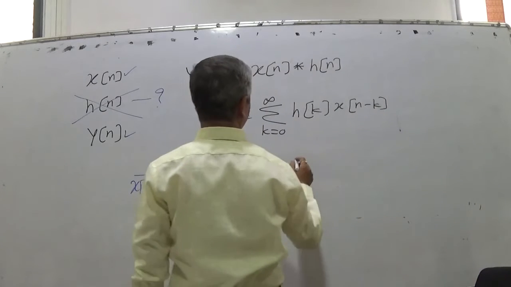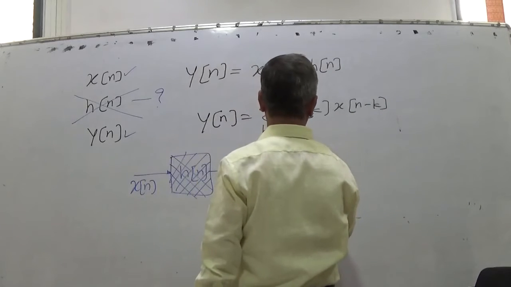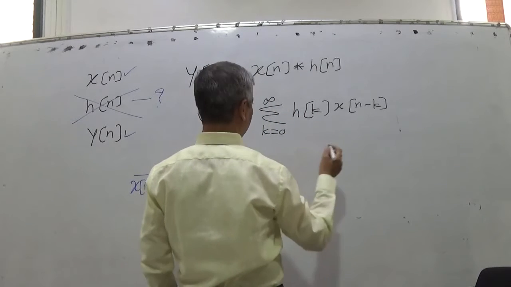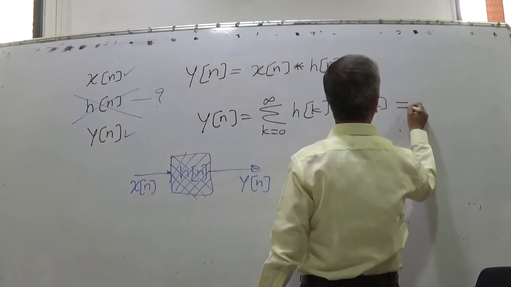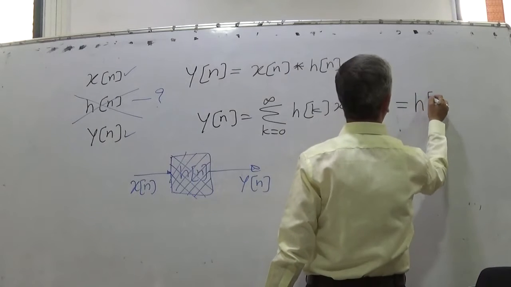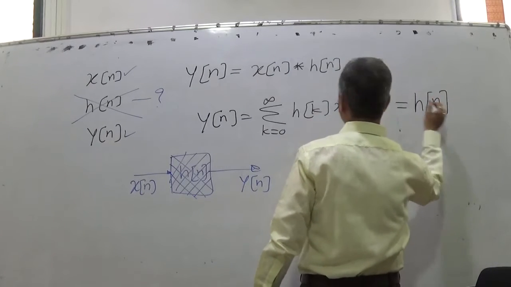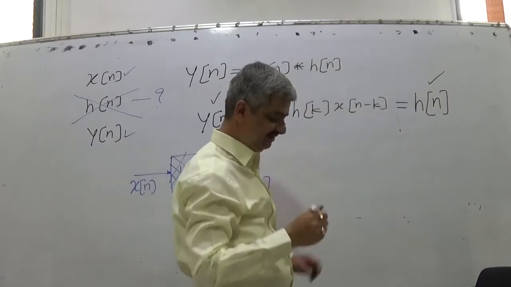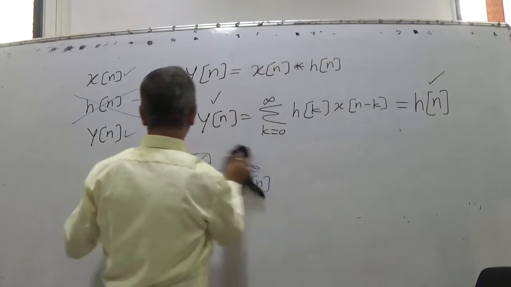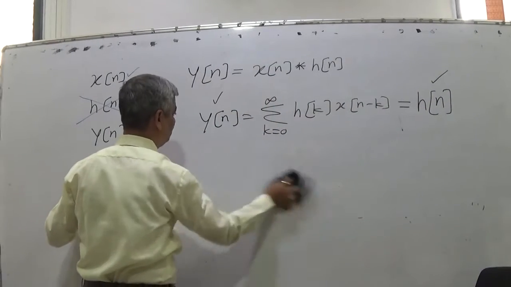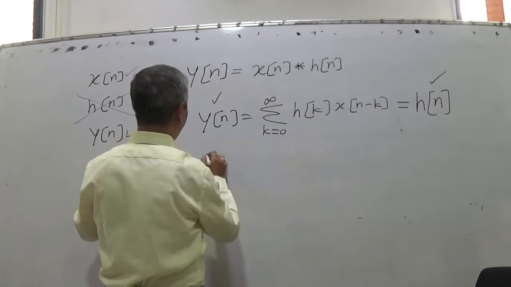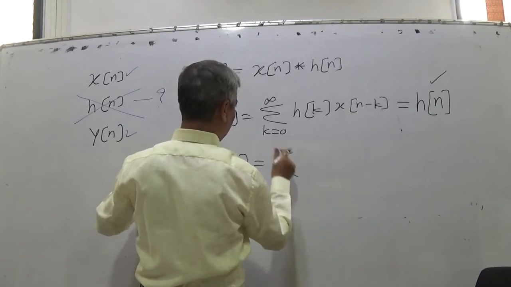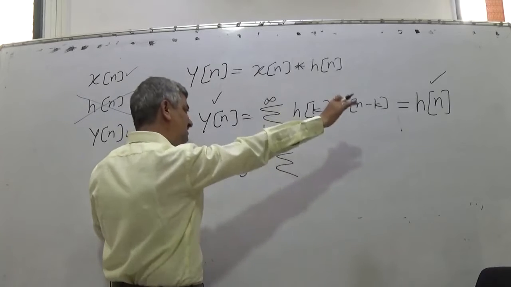So y[n] is this. Now for what input would y[n] be h[n] itself? Alternatively, you can find out what if h[n] is equal to, meaning y[n] should be h[n] itself.